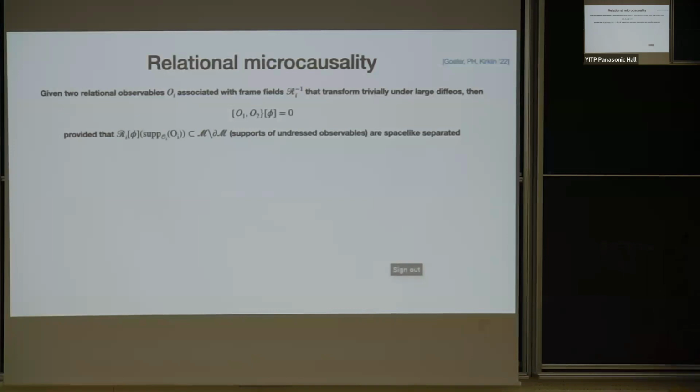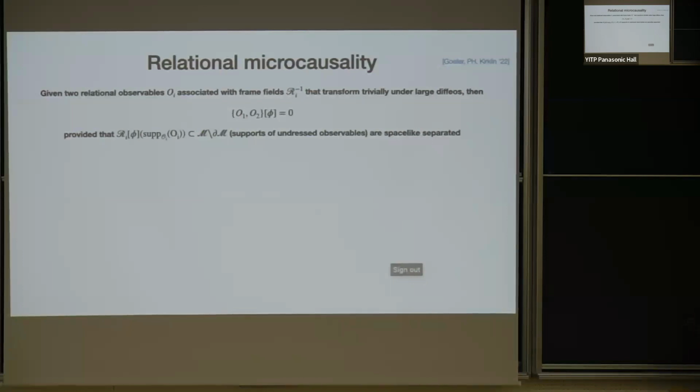Suppose you have two relational observables, and what we want is that if they're space-like separated in a certain sense, then they should Poisson commute. We have two relational observables, and they may in fact be associated with different dynamical reference frames. And what we need is that these frames transform trivially under large diffeos. So they should not be charged under large diffeos.